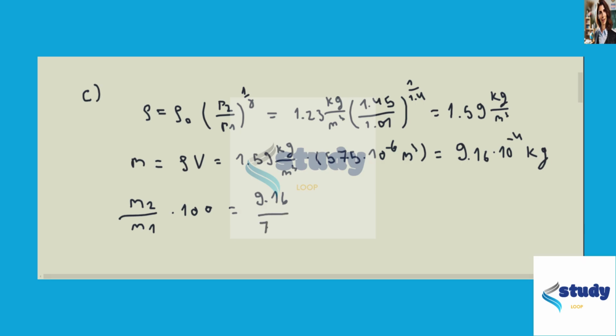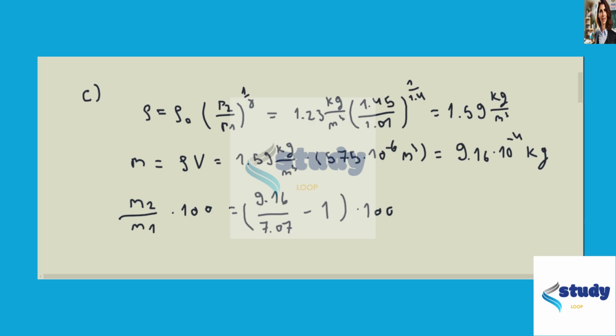over 7.07, and both will be times 10 to the minus 4th power, so this will cancel out, and also the units of kilograms will cancel out. Notice this needs to be minus 1, and then times 100.